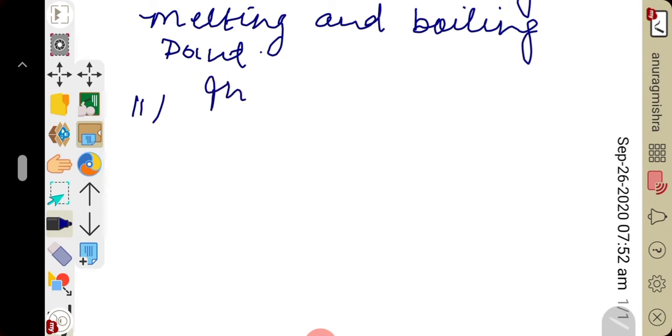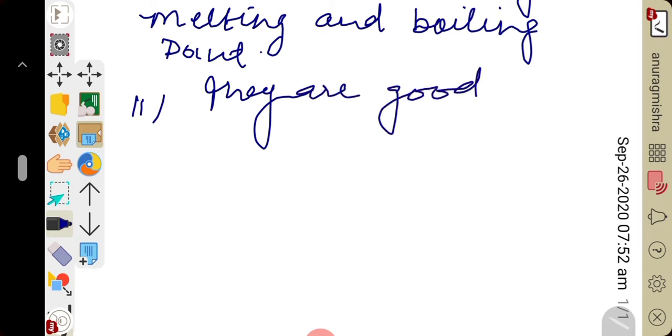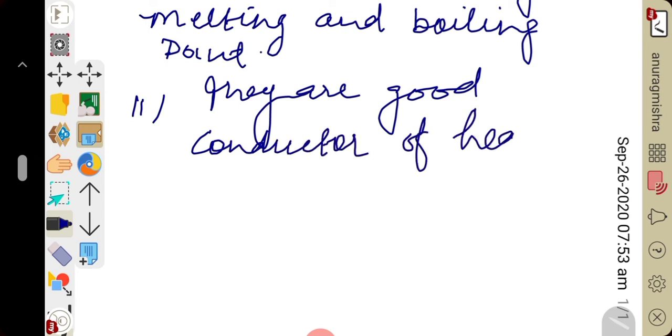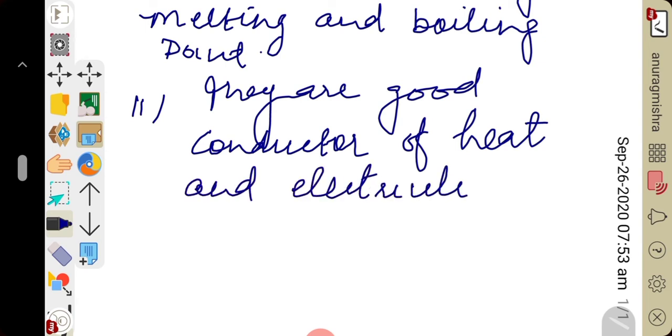So they are good conductors of heat and electricity. We all know the meaning of conductor.